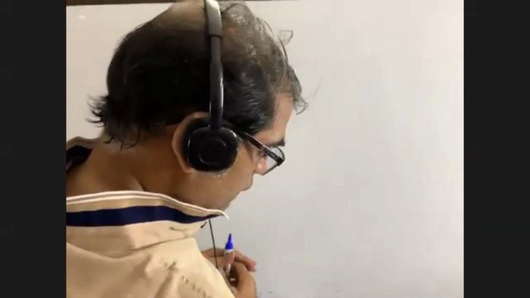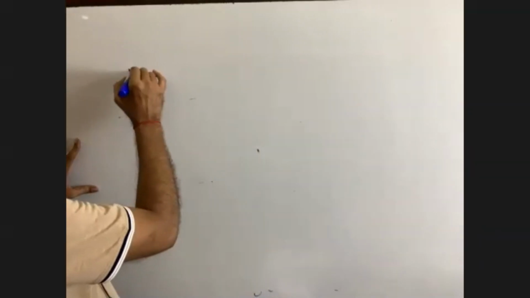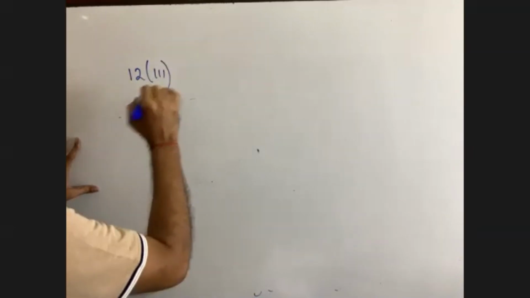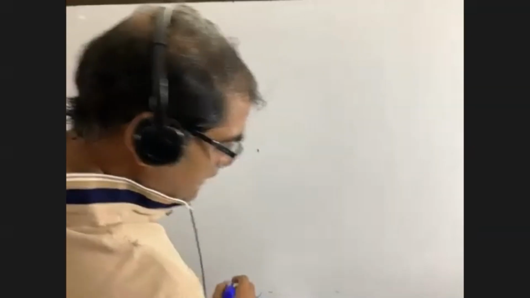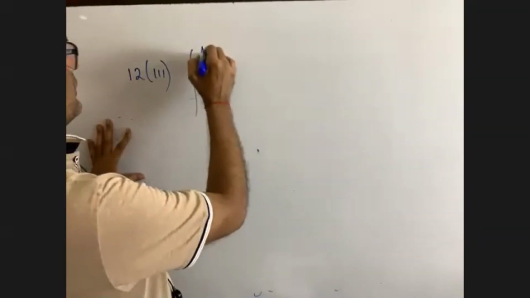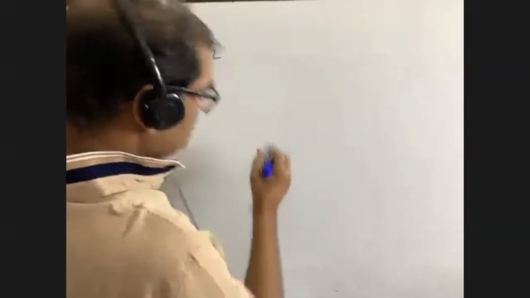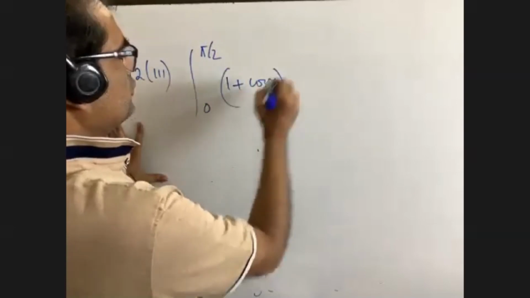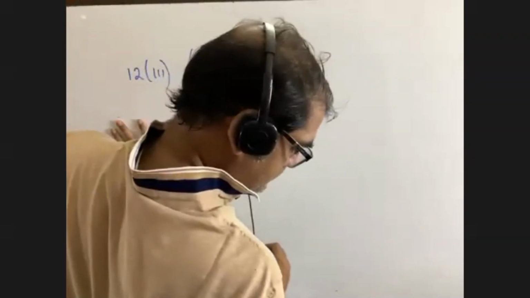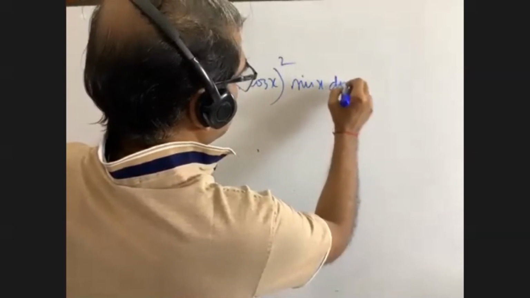Now, going to do the next math. Question number 12.3. From 0 to pi by 2, 1 plus cos x whole square into sin x dx.